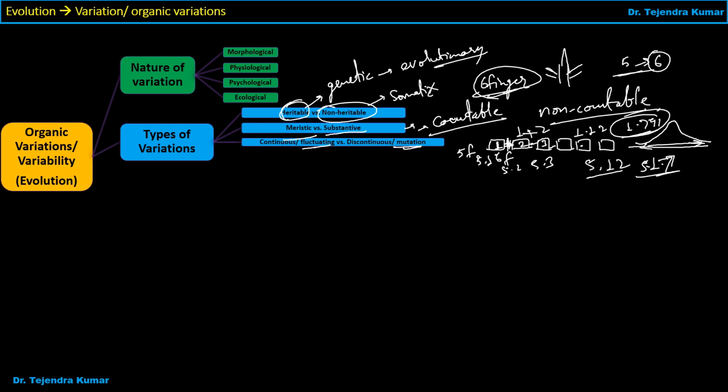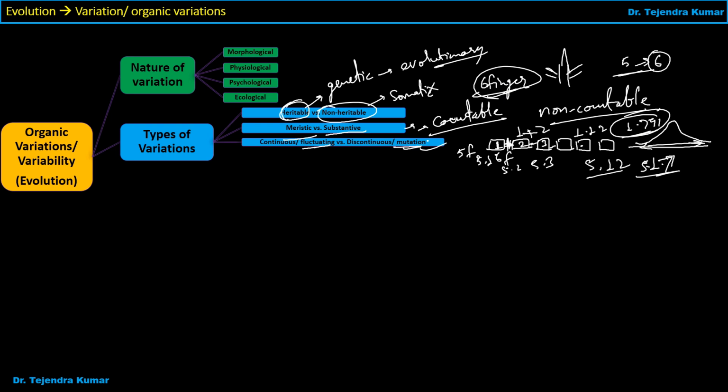Similarly, some animals have a different kind of fur, an extra kind of fur can be seen. Generally they do not have it.